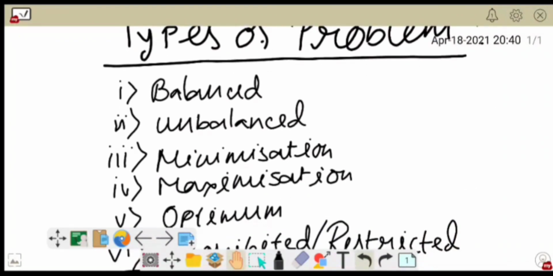So these were the types of problem, and we have formed the formation of the assignment problem.